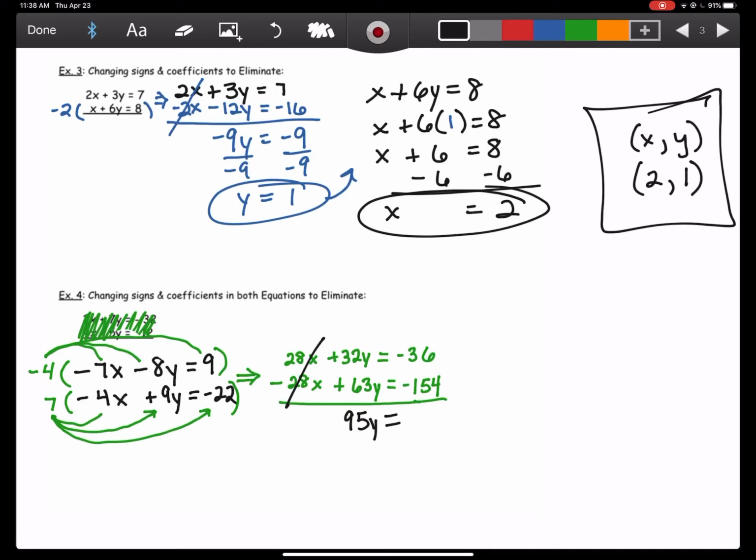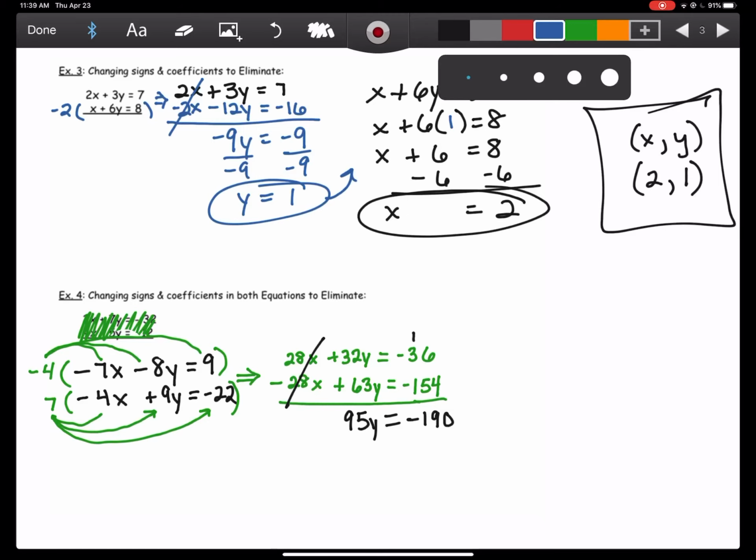And then negative 36 and negative 154 will make a new negative. And we'll get, I'm going to start on the right, 0, 9, 1. You can double check that for me. I'm almost certain it's right. Okay, now we're going to divide both sides by 95.